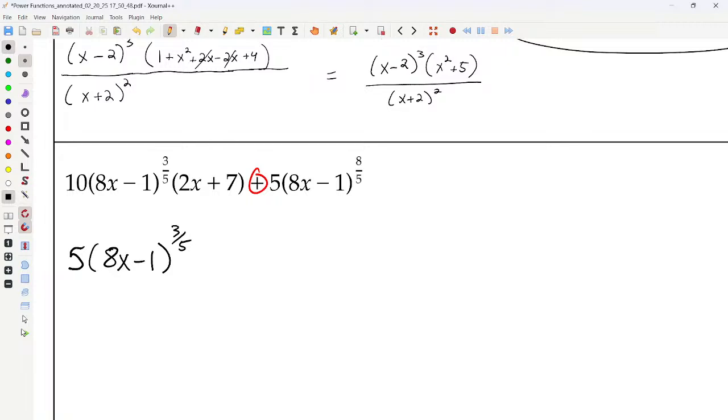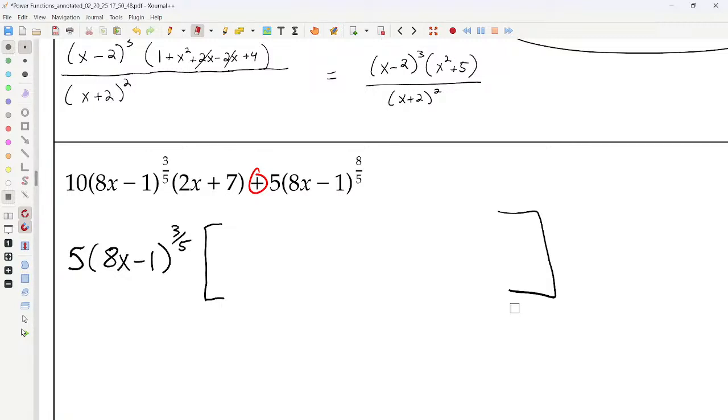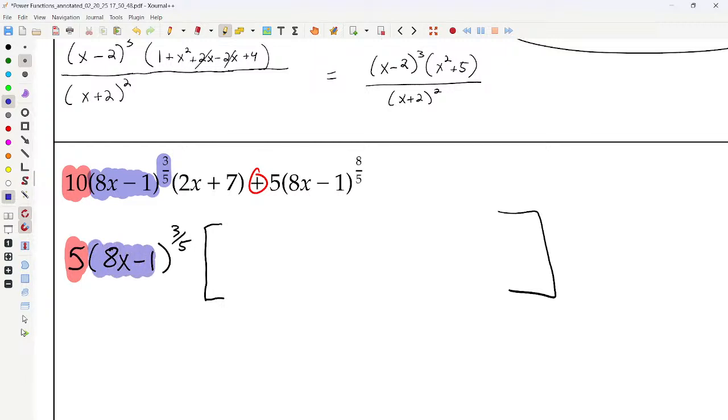Ultimately, I was trying to rush this last time, but what we're really doing is taking this 10 right here, which I will highlight with a highlighter, not an eraser, and dividing it by 5 to get 2. I'll write that in just a second. We're going to take this group right here, 8x minus 1 raised to the 3/5, and divide it by the same base to the 3/5.